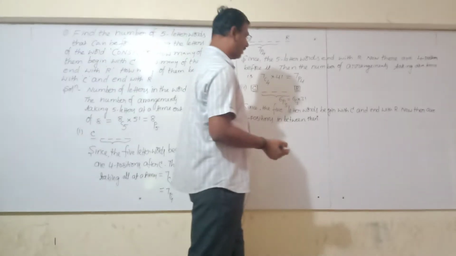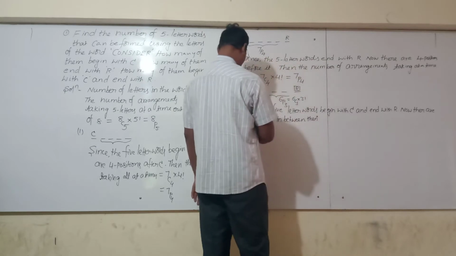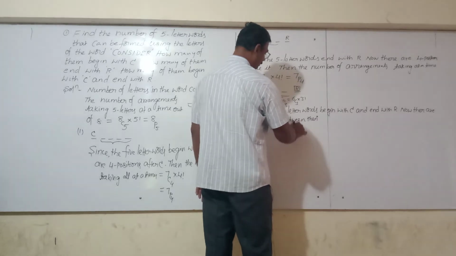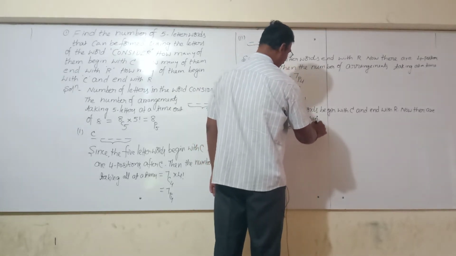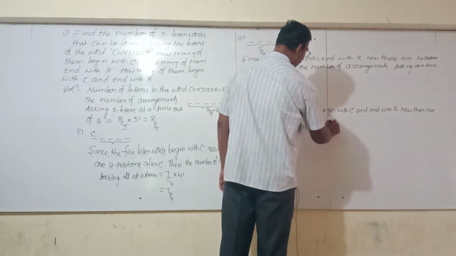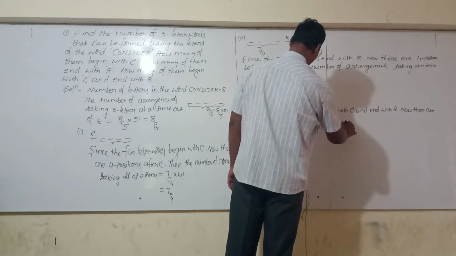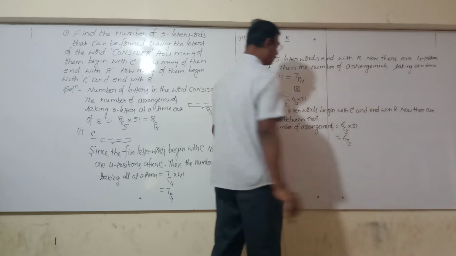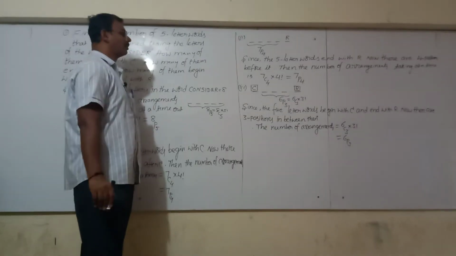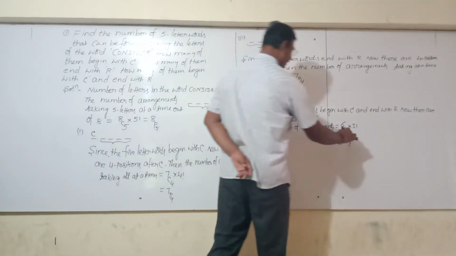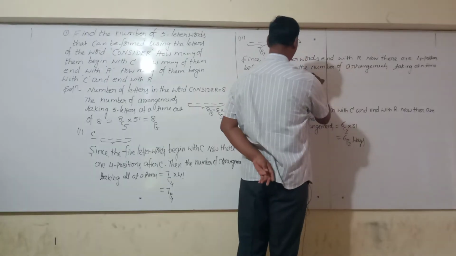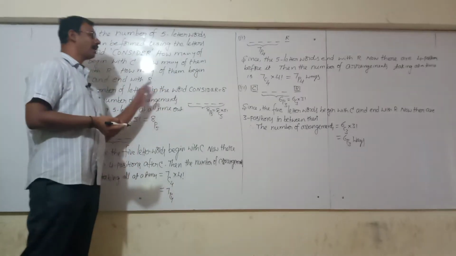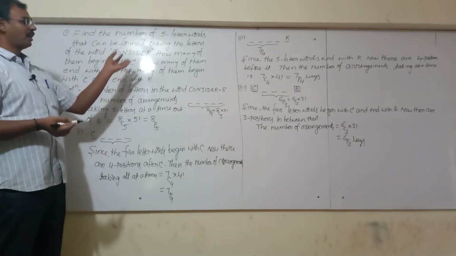Therefore, the number of arrangements, permutations, is equal to 6C3 into 3 factorial. This is also nothing but 6P3. So we have to calculate 6P3. So this is the model: begin with C and end with R.